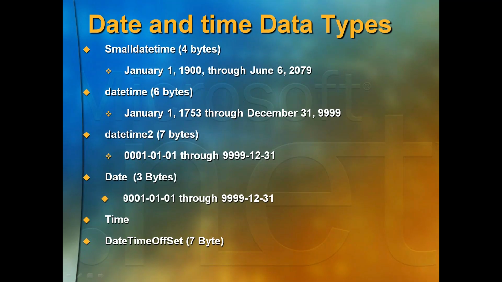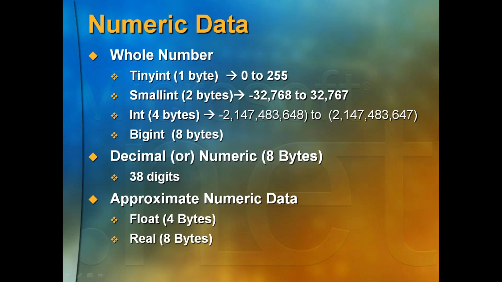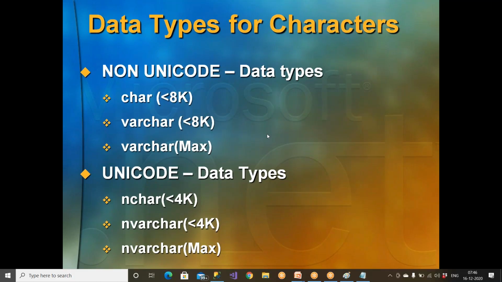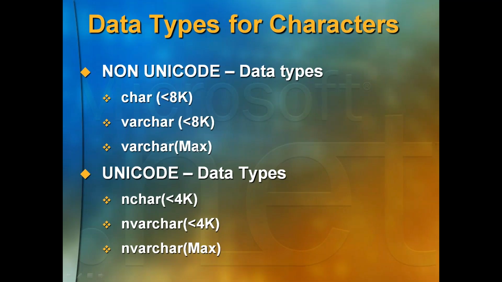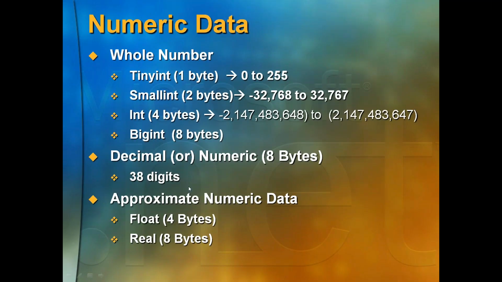So these are the types we use to store date and time. From tomorrow, we'll discuss binary data. You may ask me: even though we have letters, special characters and numbers in character data, why is numerical data needed separately?